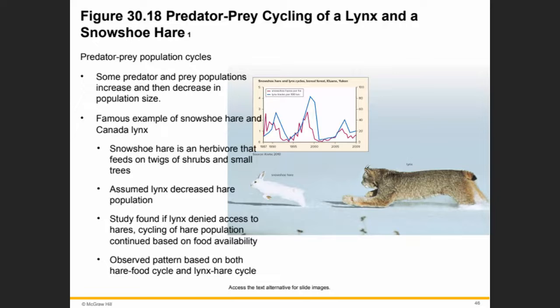So the lynx decrease the hare populations.